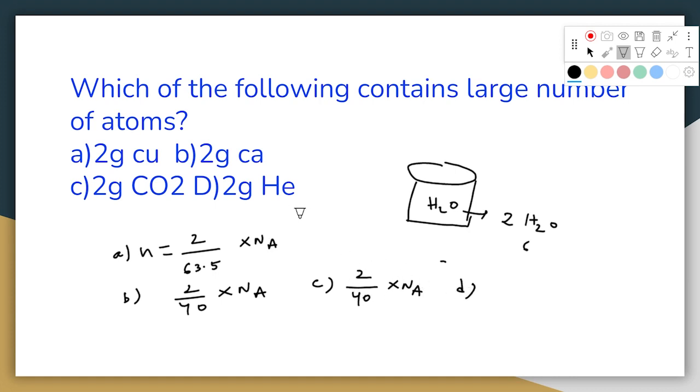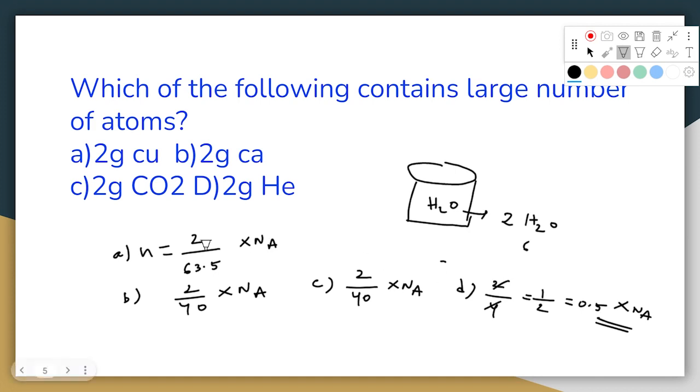D, 2 grams helium, 2 grams weight by the molecular weight of helium, that is 4 gram per mole. So 1 by 2, that is 0.5 mole into Avogadro number, so 0.5 Na molecules here.